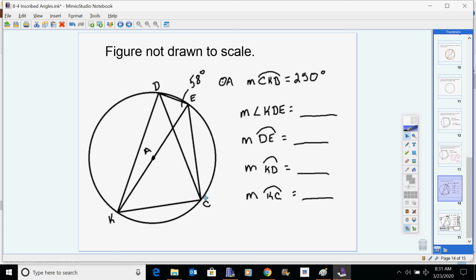We're given that arc CKD is 250 degrees, and that is going to end up being important by the end. So let's make our way through this problem. What you should probably do is pause for a second and maybe sketch it out, or print it out if you have access to a printer with the blank one, so that we can work our way through.